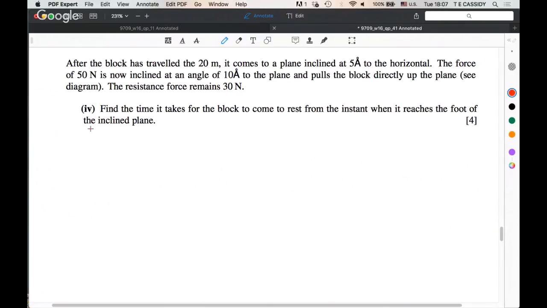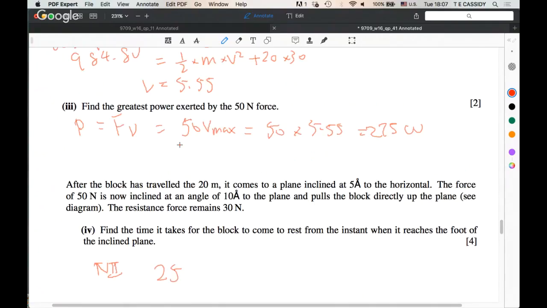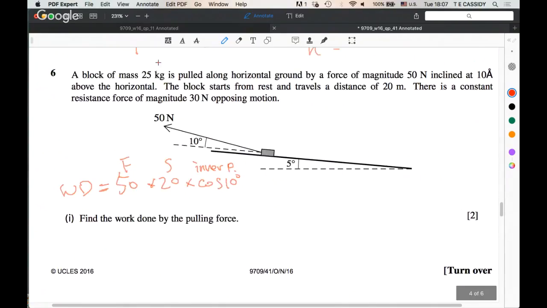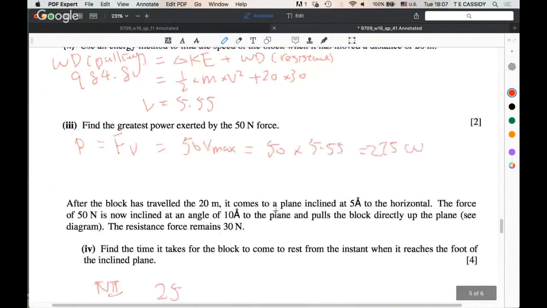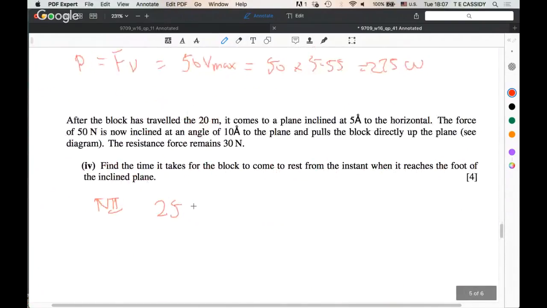Here we again use Newton's second law. 25, which is the mass of the block, times a. So the left hand side is ma, because the right hand side should be the resultant force.